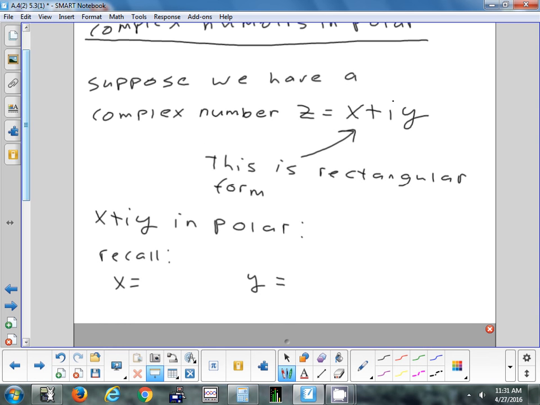Now, earlier, I think it was Monday, we had a formula for x and for y. I think Nick mentioned it earlier. Does anybody remember what x equals in terms of r and theta? And the one for y is almost the same thing, except we change one word.